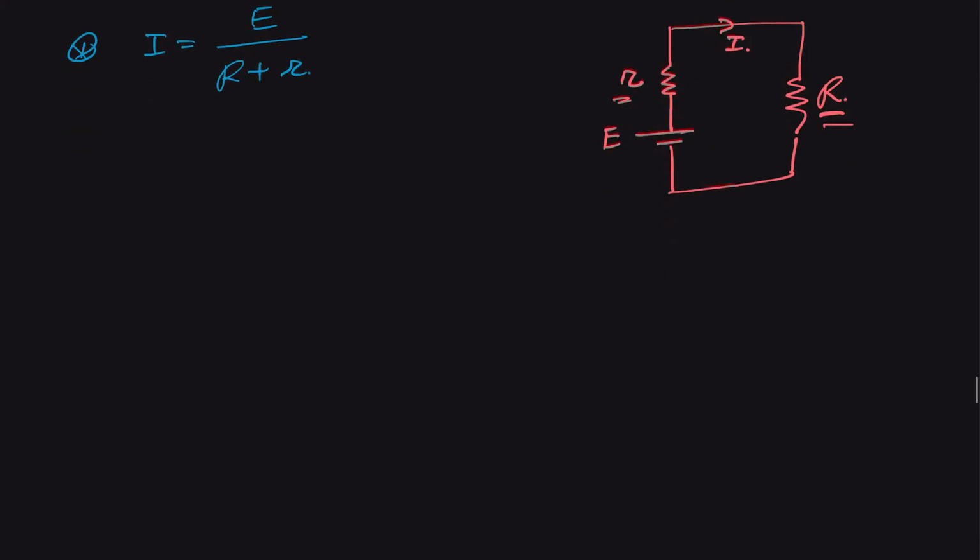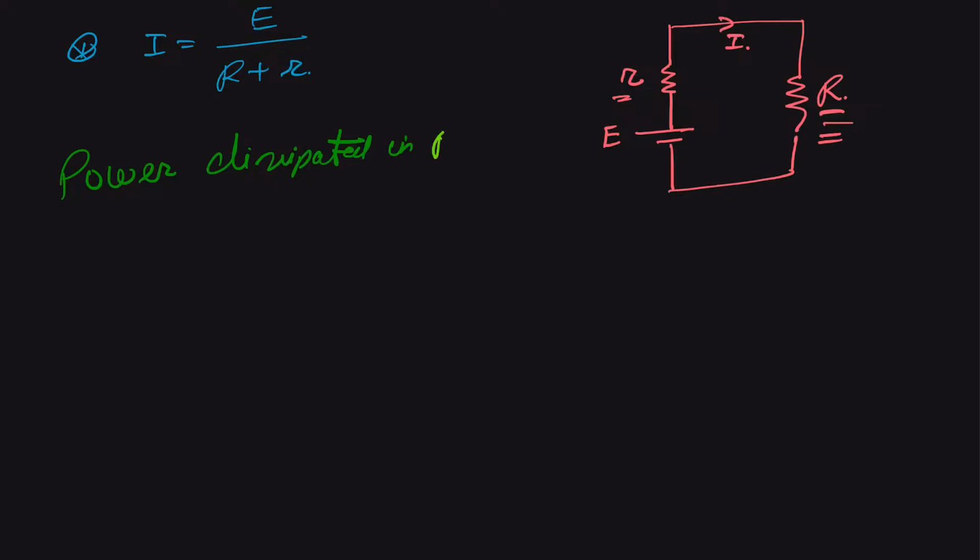And the power dissipated in the resistance R will be P is equal to I squared R. So we get this as E squared R upon (R plus r) whole squared.